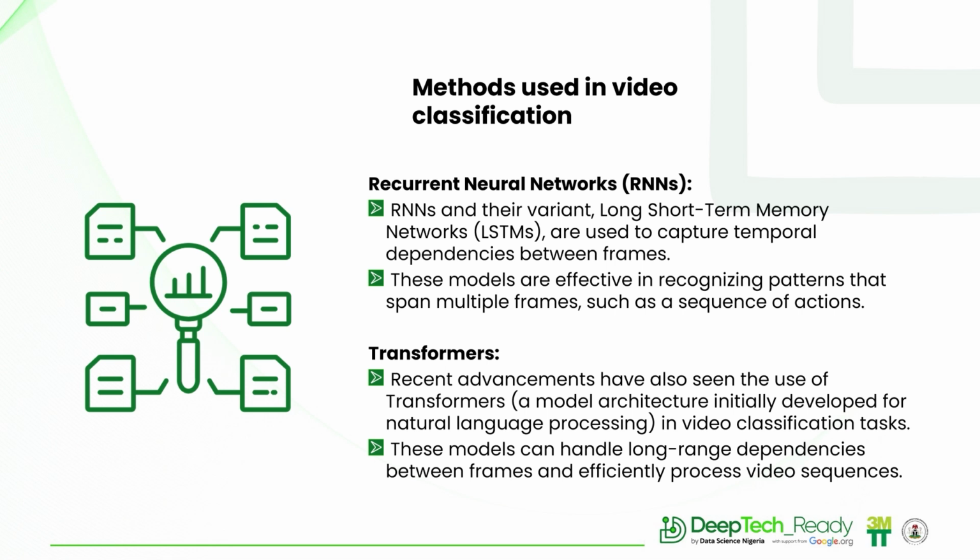Actually, transformers are used more in image classification and a lot of other things, but we've now seen that they generate better results even in computer vision than CNNs and the likes. These models can handle long range dependencies between frames and efficiently process video sequences.